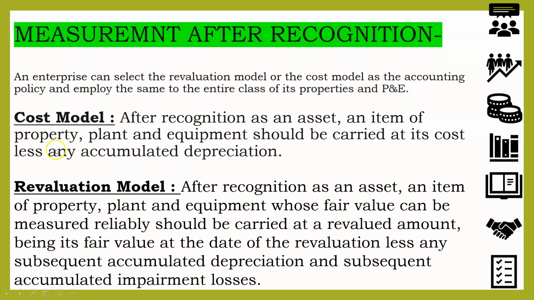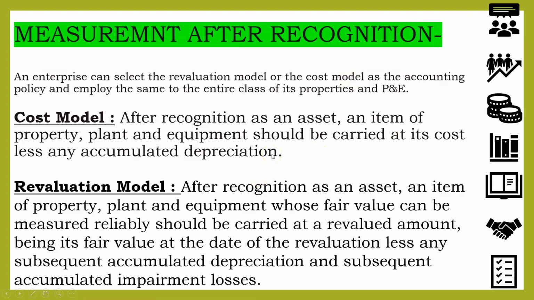The first one being the cost model. After recognition, an item of property, plant, and equipment should be carried at its cost less any accumulated depreciation. It means that every year, if we are charging depreciation of 20,000 rupees on our asset, and we purchased it in year 2017 at 1 lakh rupees, then every year it should be measured at the amount of its cost less the accumulated depreciation.